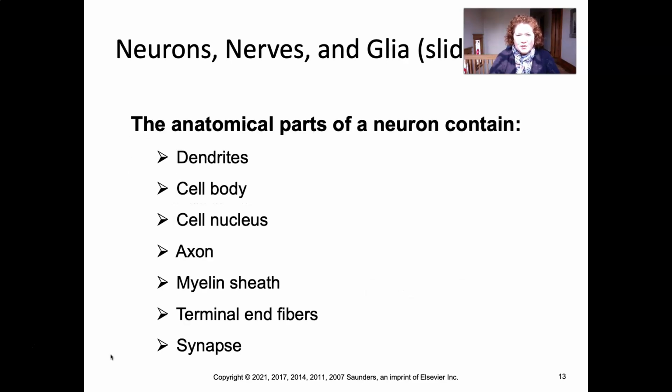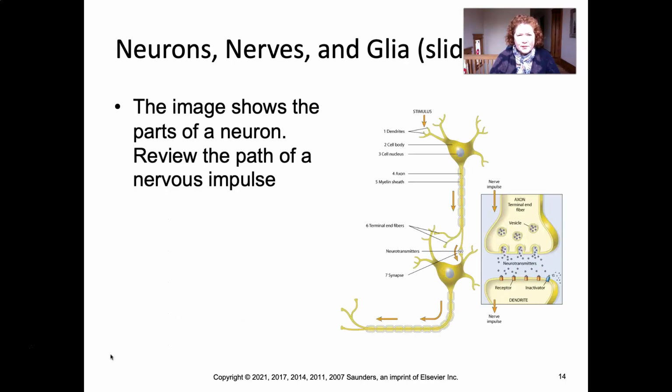And again, we talked about the parts of a neuron include dendrites, cell body, cell nucleus, axon, myelin sheath, terminal end fibers, and synapse. And here's a good image for us on this topic. It shows the parts of the neuron. So you can see at the top, you've got those little, they're kind of like the ends of a branch, a tree branch, the twigs on there.